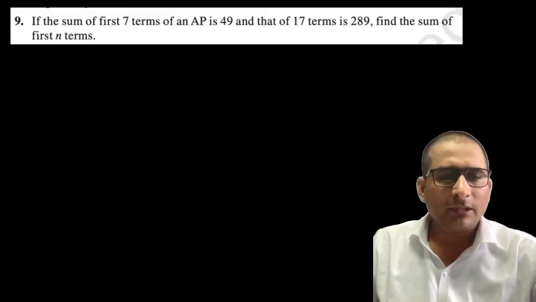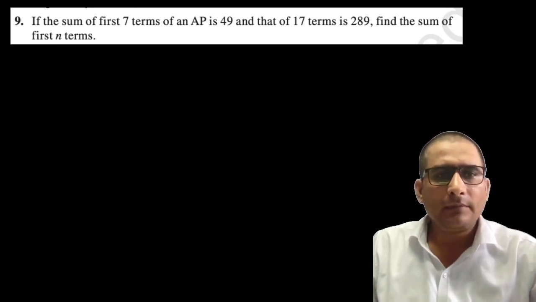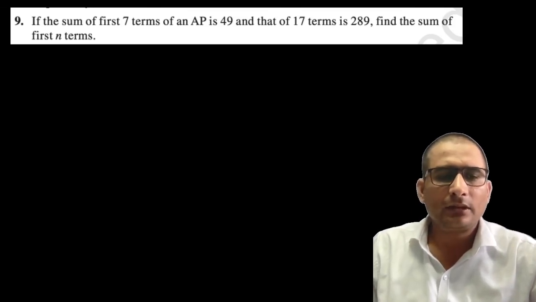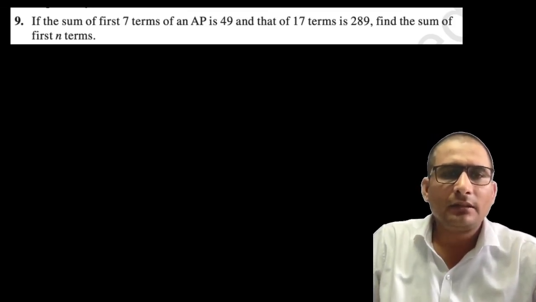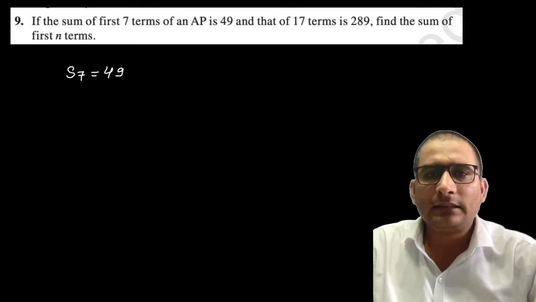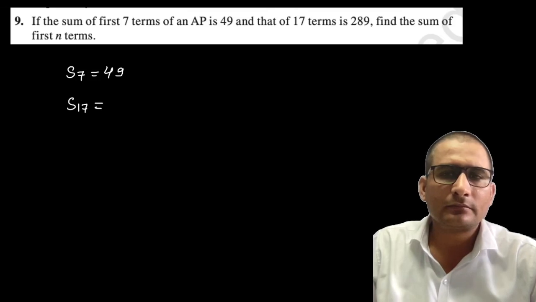Now look at this question number 9. If the sum of the first 7 terms of AP is 49, okay. So let me write the given data first. Sum of first 7 terms is equal to 49. And that of 17 terms is 289. 17 terms का sum 289, right?